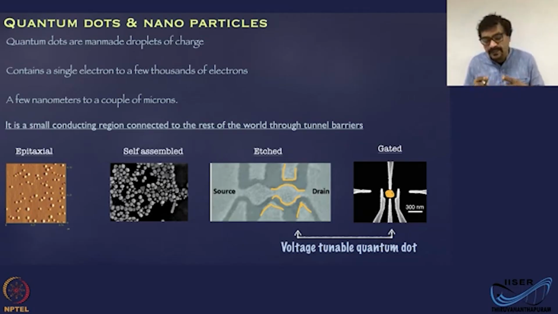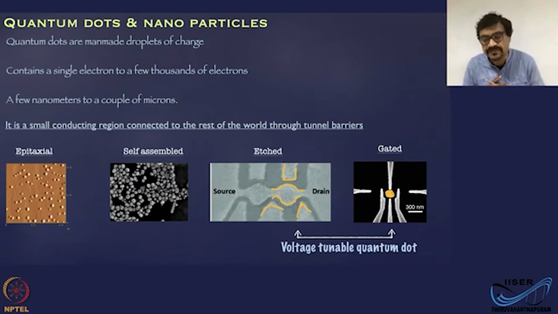Since this is a transport lecture and we are interested in electrical transport and devices utilizing the quantum aspects in electrical transport, we will mostly be discussing quantum dots of this kind, because to run currents and voltages through this device, you need leads where you can apply voltages onto the device and take electrons or put electrons into the device and from the device.